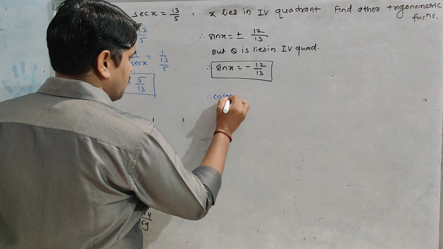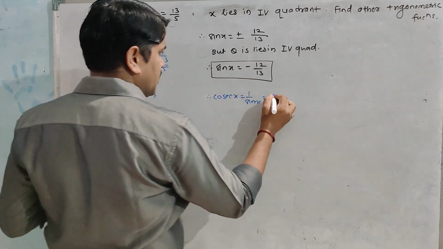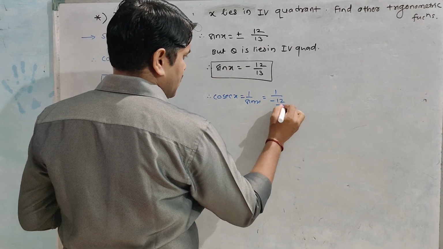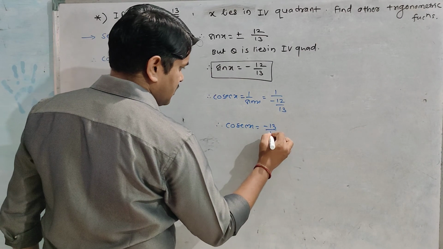Therefore, cosec x is 1 upon sin x, so equal to 1 upon minus 12 upon 13. So we get cosec x is minus 13 upon 12.